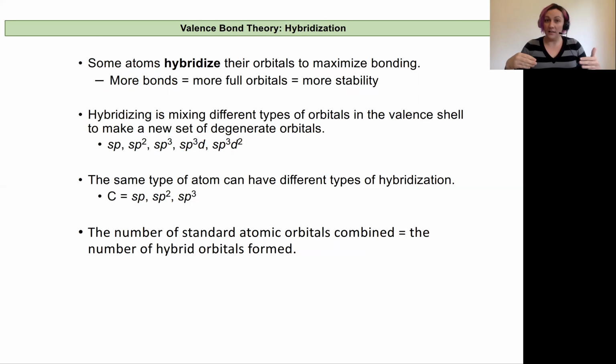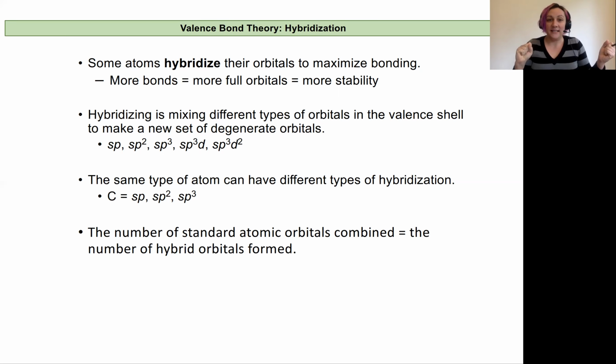More bonds are always going to mean more orbitals being filled with 2 electrons, and that brings stability. Much like having a filled octet on a single atom will give it the same electronic structure of a noble gas, and that gives it stability. Forming these bonds to achieve full orbitals in the valence shell will create stability for these bonding atoms.